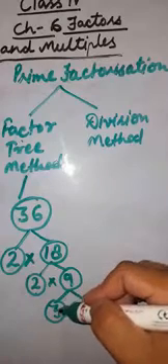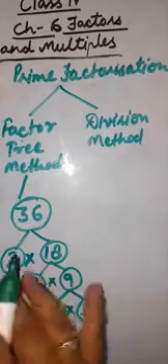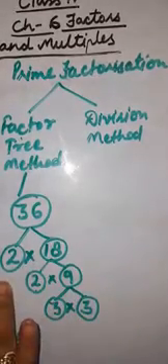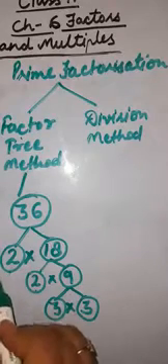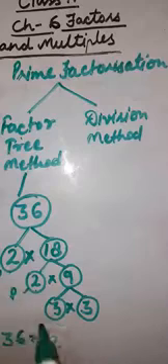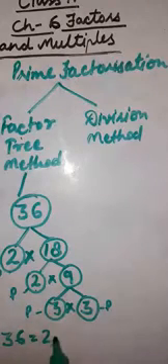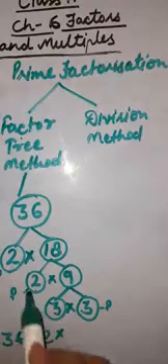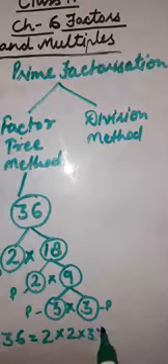Now 9 divided by 3, 3 3s are 9. So for the factors of 36, we will only write down the prime numbers here. So 2 is a prime number. This is prime. This is also prime. This is also prime. This 3 is also prime. So we will write here only prime numbers: 2 multiply 2 multiply 3 multiply 3.